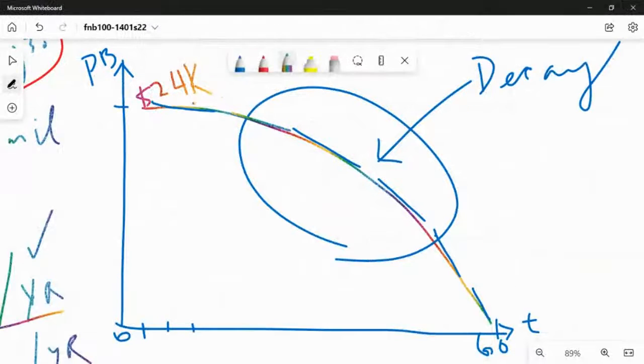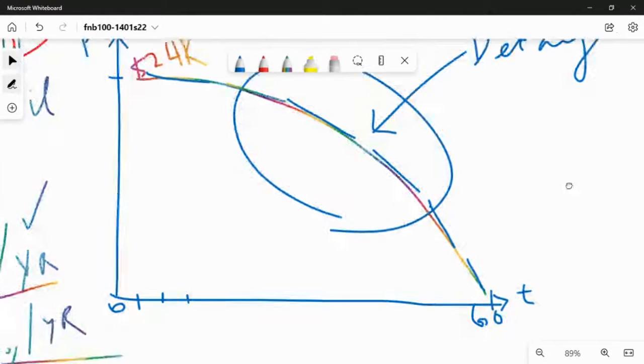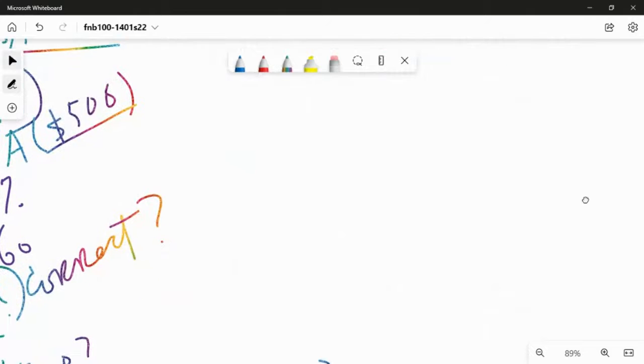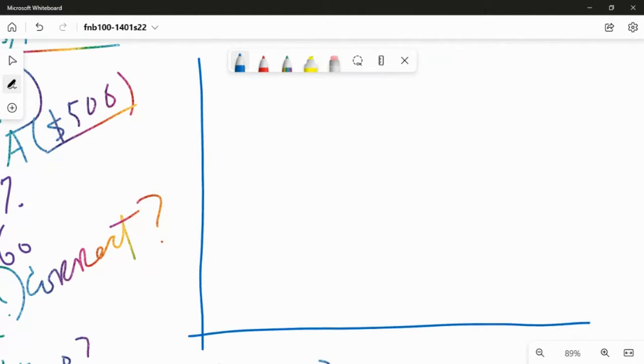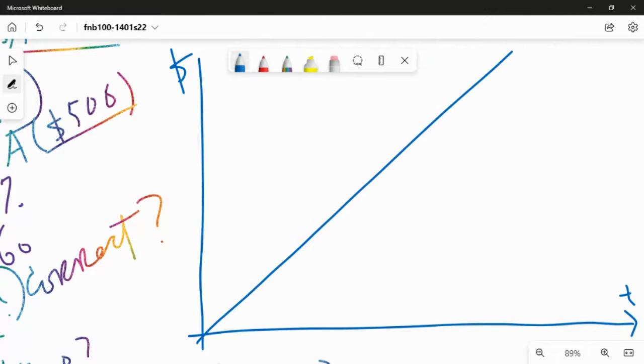So I just wanted to also say that when we have growth, if you represent growth on a graph, and this is time, of course, there can be three patterns. This is pattern one. It's constant growth, right? This, that's decay, right?